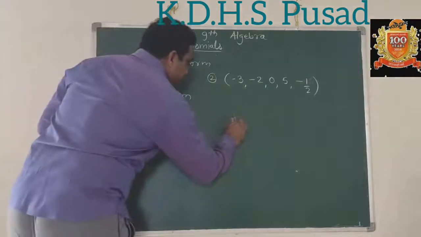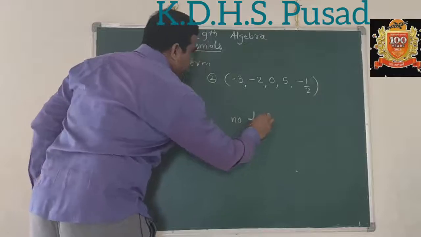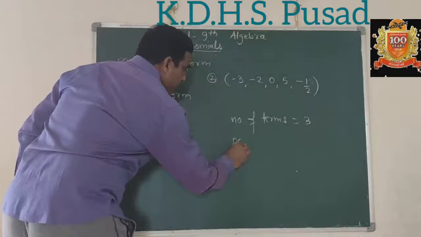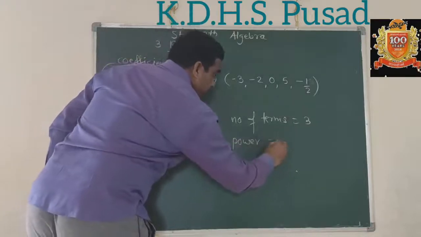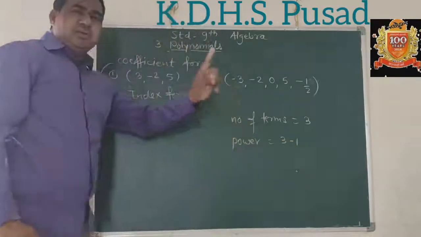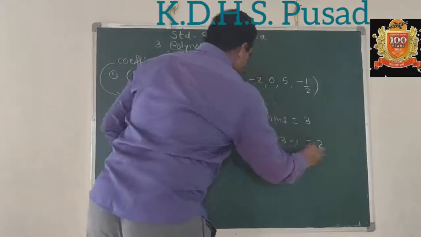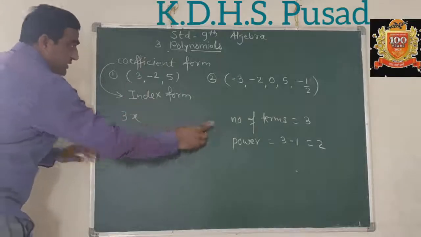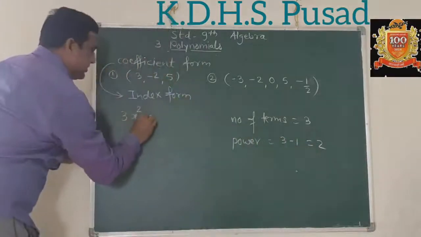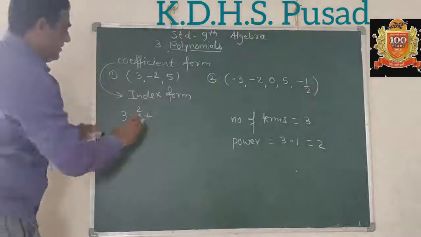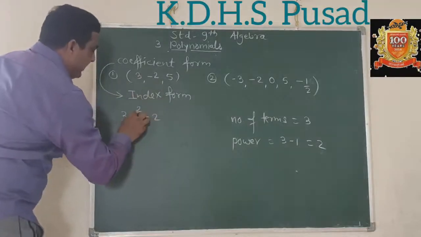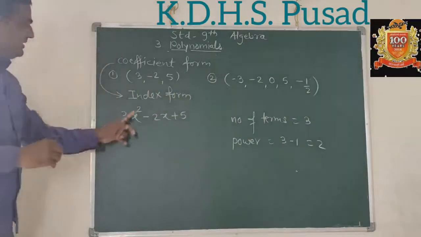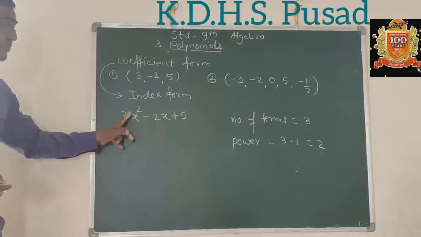Here the number of terms is 3, so subtract 1, that is 2. So we write 3 and then the variable x. So this is 3x square. Then the minus sign, minus 2, then write this variable in descending order. In this way, it gets converted into index form.